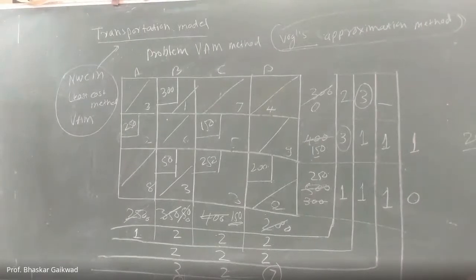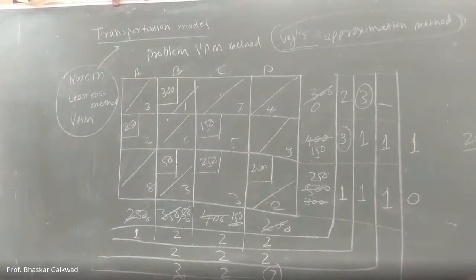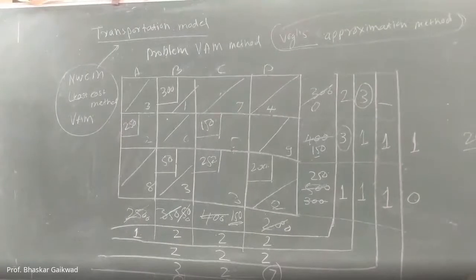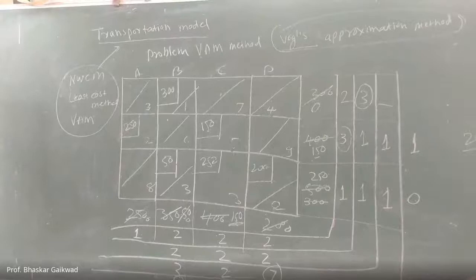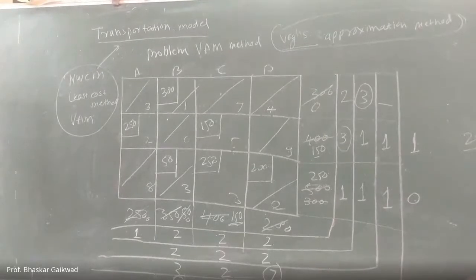Okay. Anybody having any doubt? Shall we go for the optimality test by MODI method, modified distribution method? Shall we go for the next method? Hello? Or shall I repeat this?